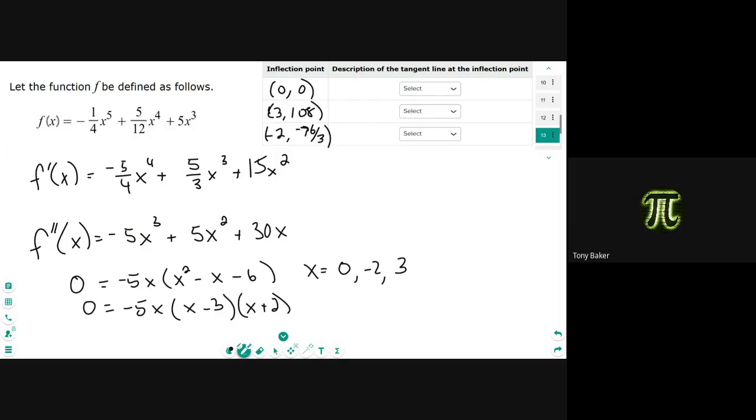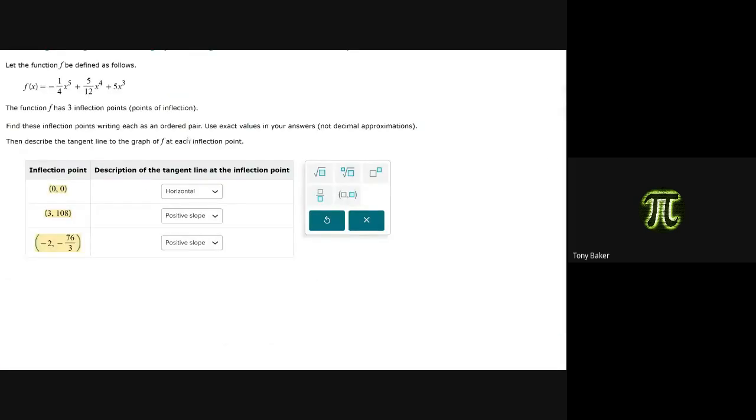Now, if we plug these back into the first derivative, all we actually care about, you don't actually need the values. You need to know if it's doesn't exist, 0, positive or negative.